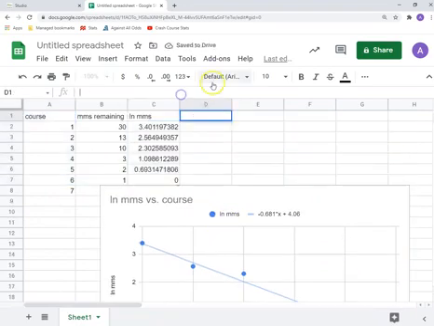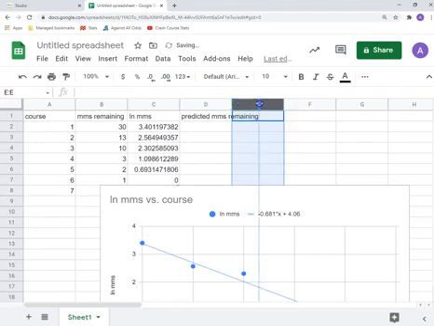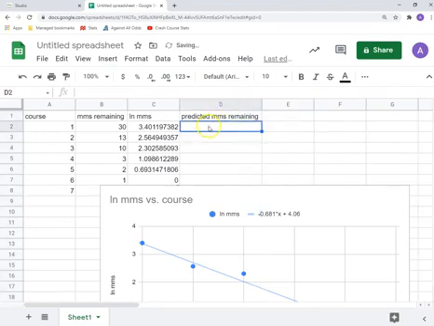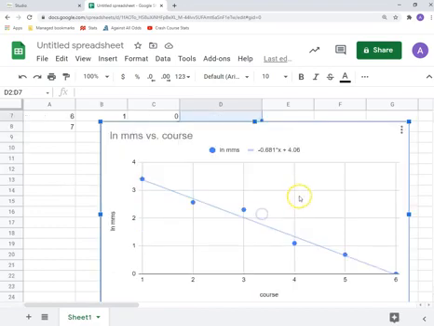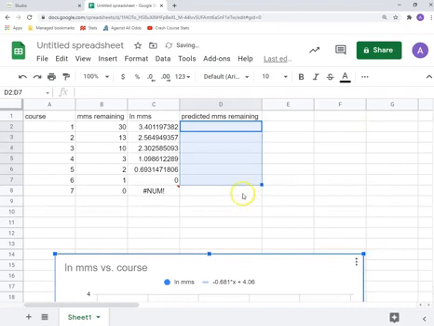So here, we're going to do predicted M&Ms remaining. I cannot spell. So highlight. Sorry. And we are going to highlight all the way down because our X that we put in is 7.